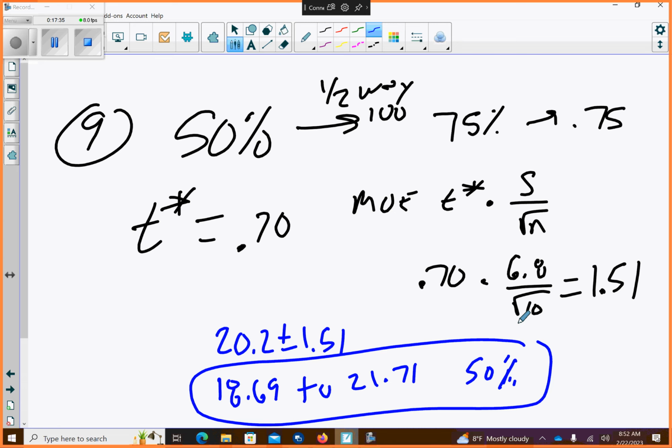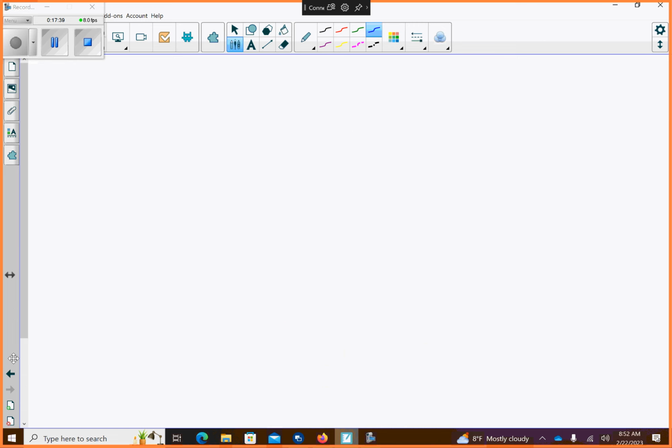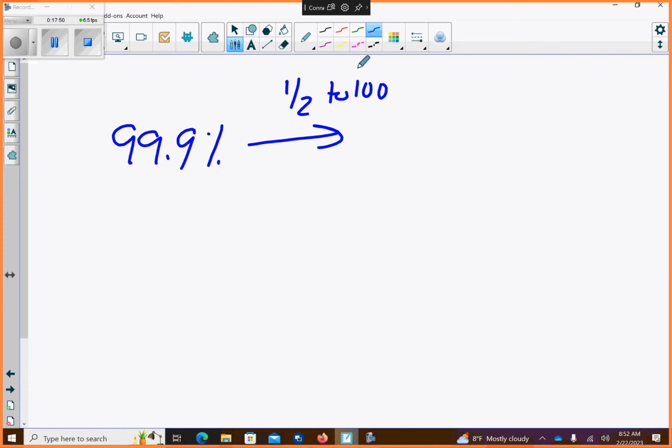Okay, and then it says calculate a 99.9% confidence interval. So what is halfway to 100 if I start at 99.9?